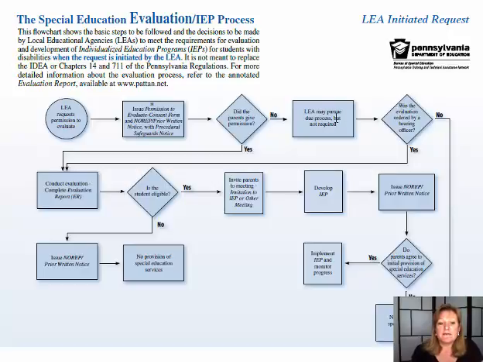So if the school district decides to go to legal litigation, and the hearing officer decides that the district should move forward with evaluation, then the decision making goes to the next step in the evaluation process.